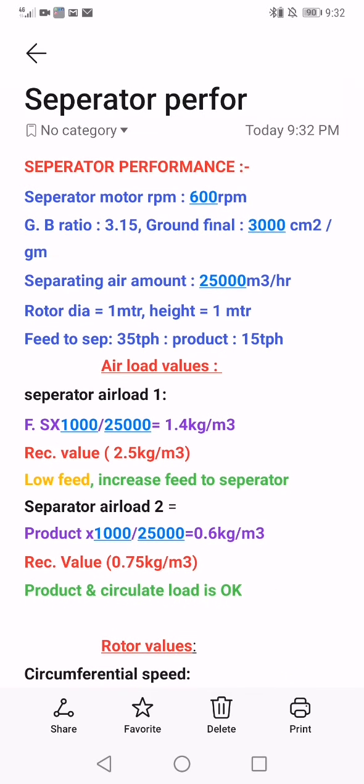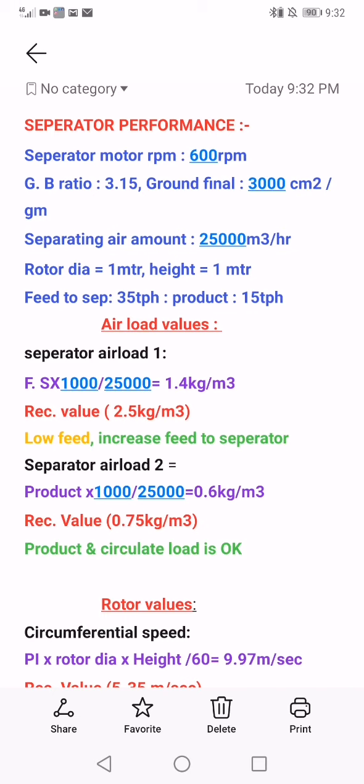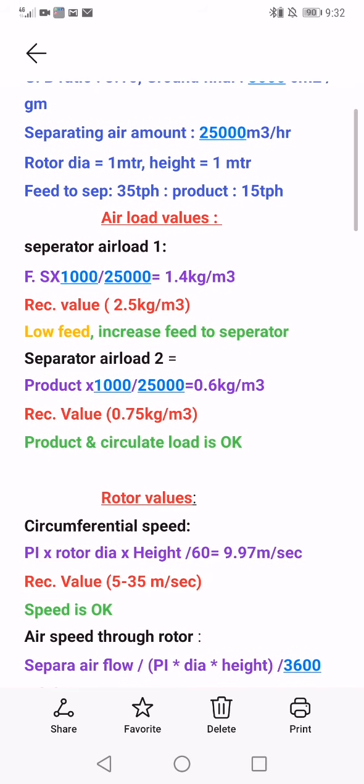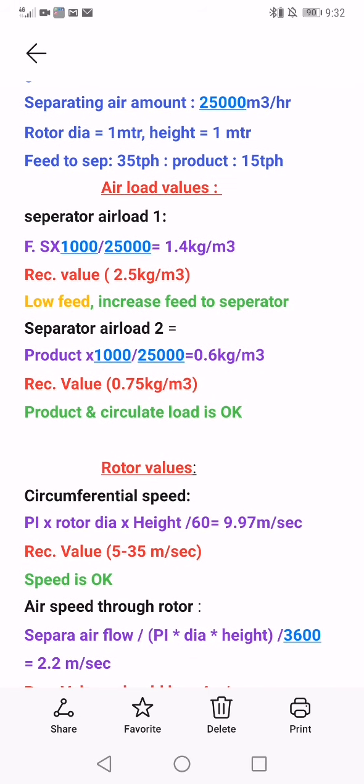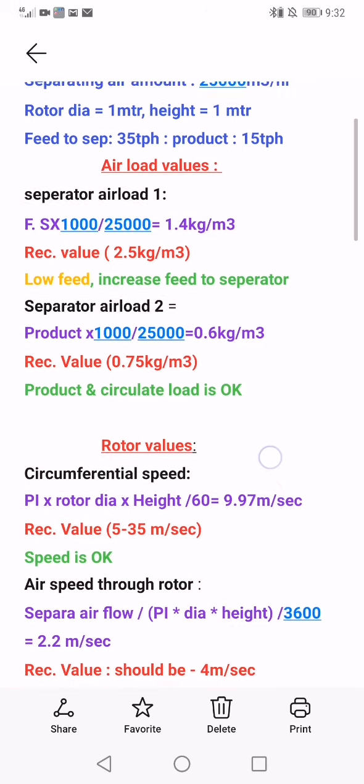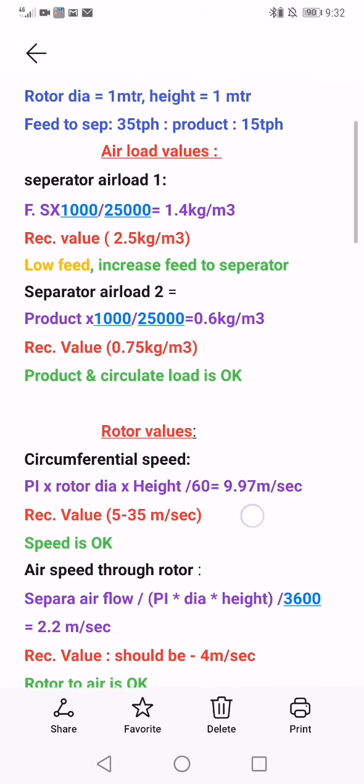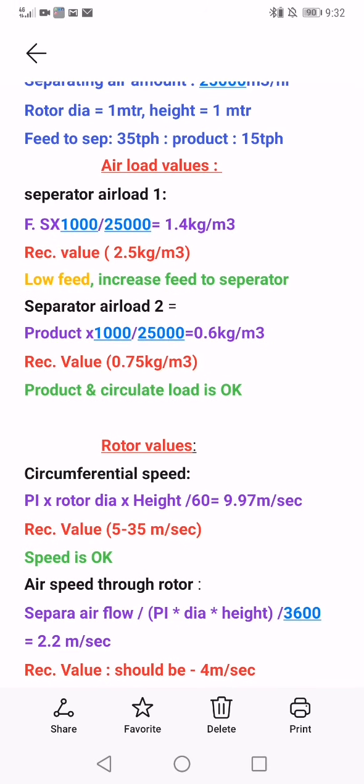This concept is separator performance, which covers separator air load values and rotor values. So air values are required and rotor parameters are required, and this is the main recommendation value. This main recommendation value you have to keep in mind.